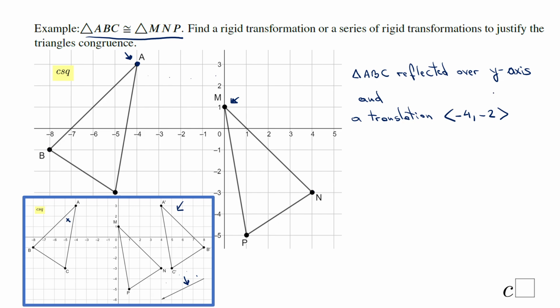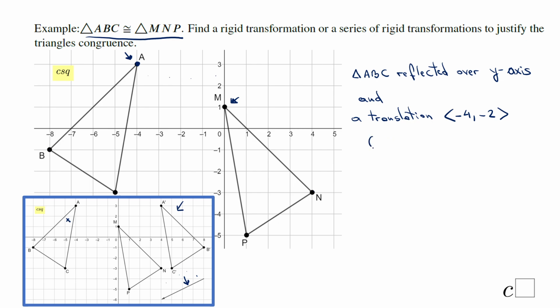Okay, so this is the series of transformations that allows us to justify that triangle ABC is congruent with triangle MNP. We have a reflection over the y-axis followed by a translation by a vector or a rule.